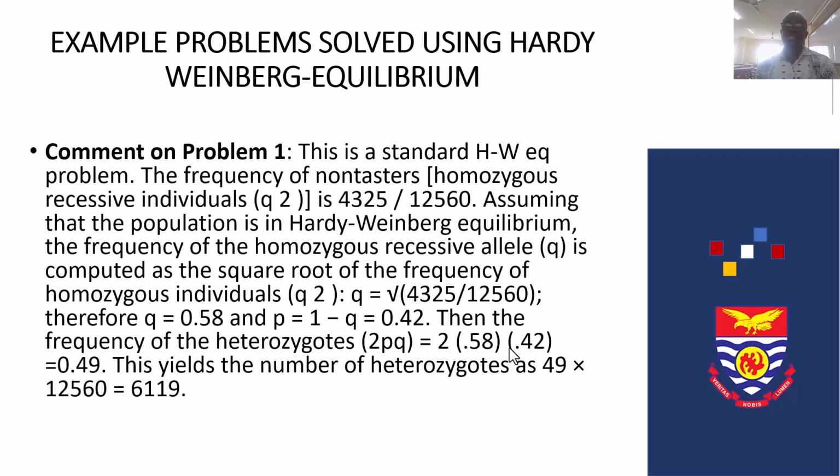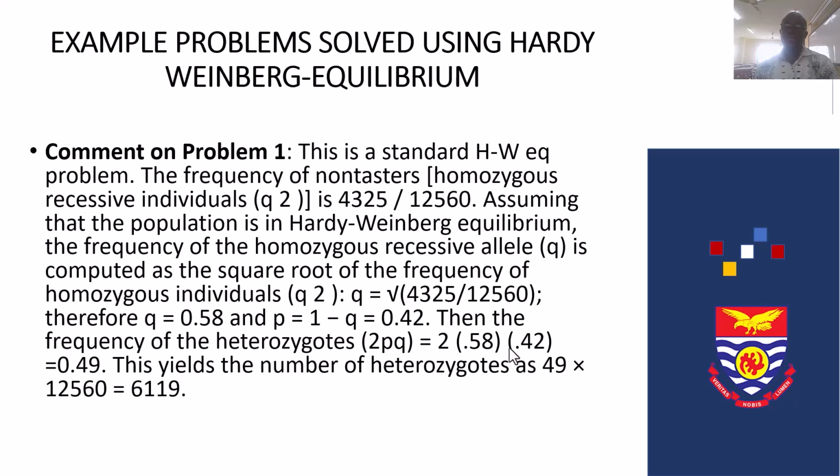Assuming that the population is in Hardy-Weinberg equilibrium, the frequency of the recessive allele is computed as the square root of the frequency of homozygous individuals q², giving us q equals the square root of 4,325 over 12,560. Therefore, q equals 0.58 and p equals 1 minus q equals 0.42.